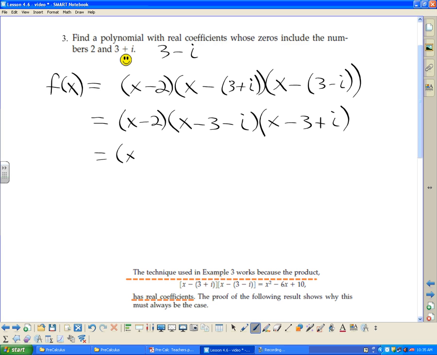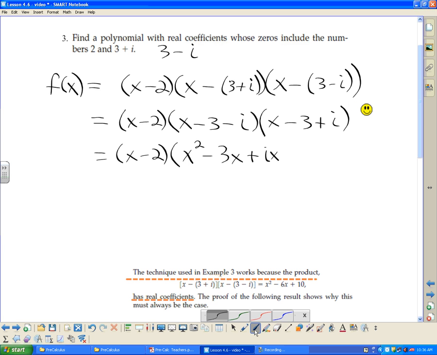So we've got our x minus 2 here, and then we're going to multiply these. We'll start by multiplying x by all three of these, similar to FOIL. So we get x squared minus 3x plus ix. And then we will multiply the negative 3 by all three of them.